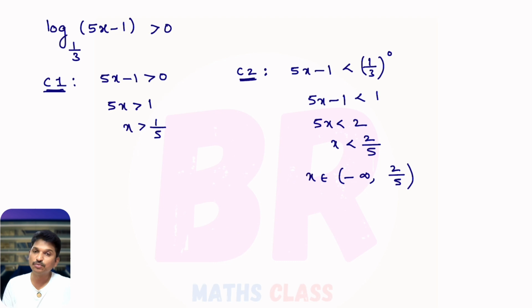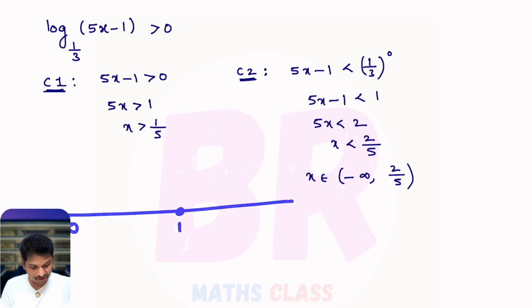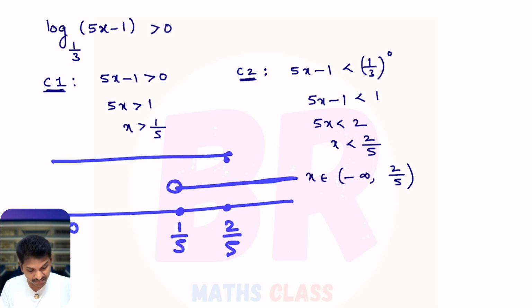The first one is x greater than 1 by 5, and the second one is minus infinity to 2 by 5. What is the intersection? The common part. You see, this is the common part.